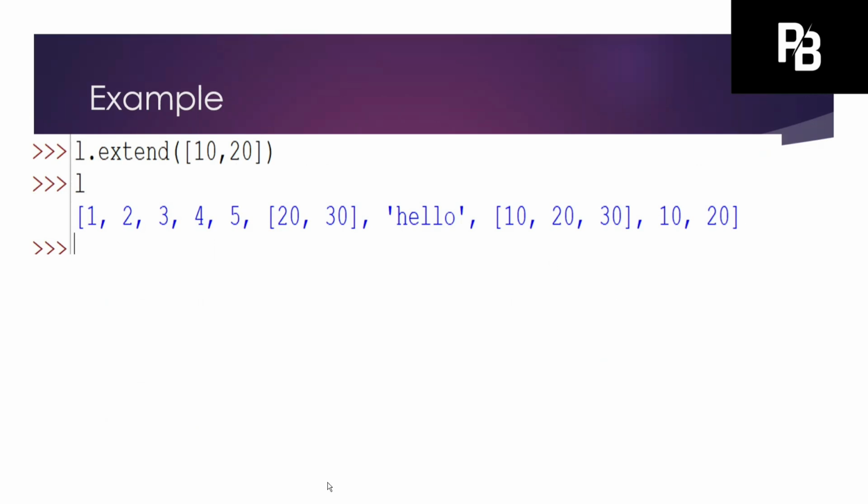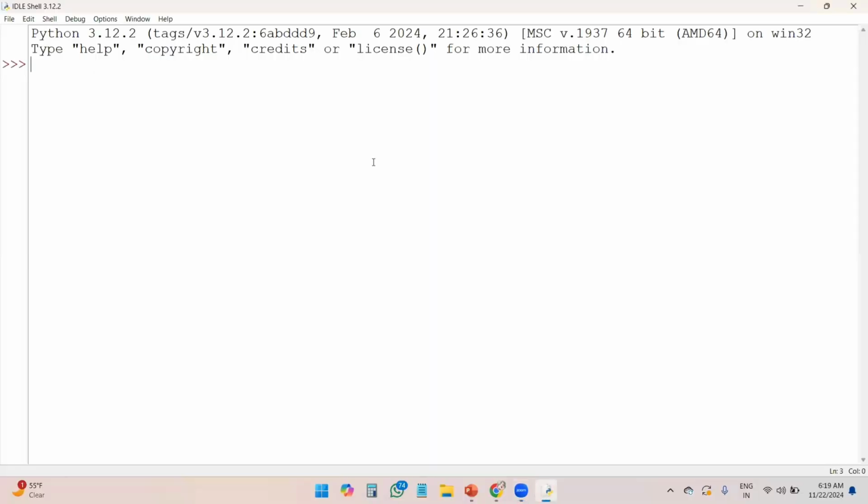Now let's check the example of this, students. If I have one list, 1, 2, 3, 4, 5, this is my normal list. If I write L dot append 10 comma 30, I am writing this normally, right?